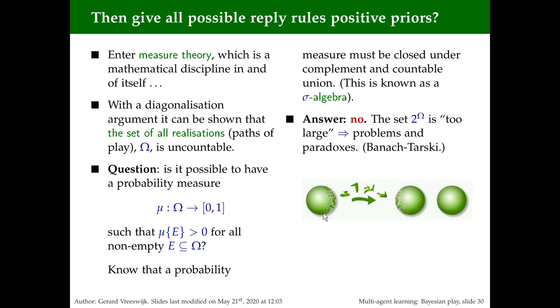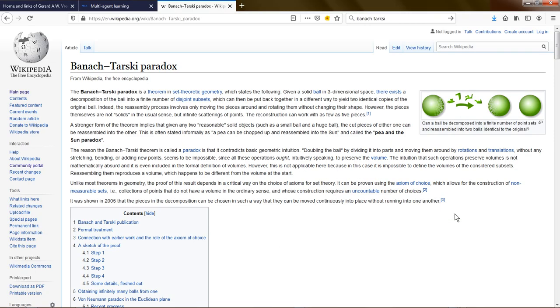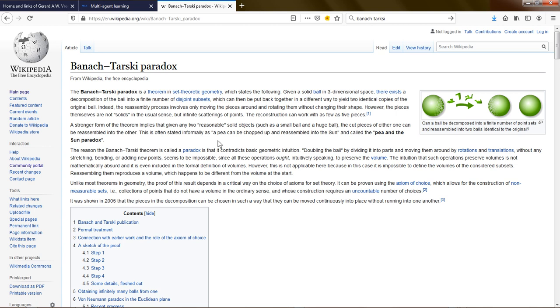I shamelessly copied this image from Wikipedia, here, Banach-Tarski paradox. The interesting, quite stronger variation is the pea and the sun paradox, which says a pea can be chopped up and reassembled into the sun if you accept the axiom of choice.